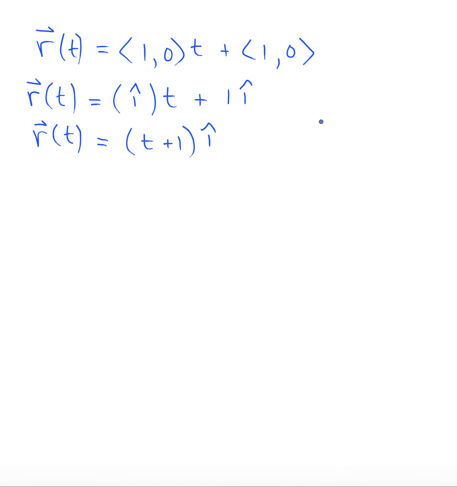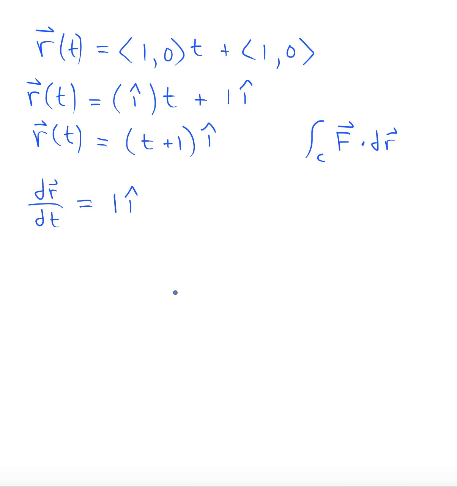All right, our next step is we want to figure out the rest of our integral and how to set it up here. So we actually need to find dr, and that can be found by taking the time derivative of the formula that we had just made. So we'll get 1 in the i direction here.